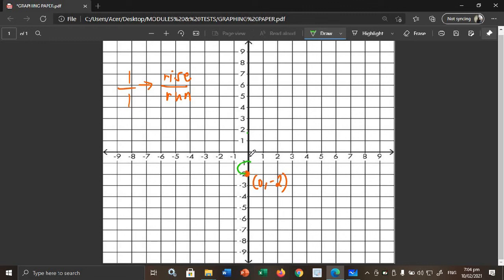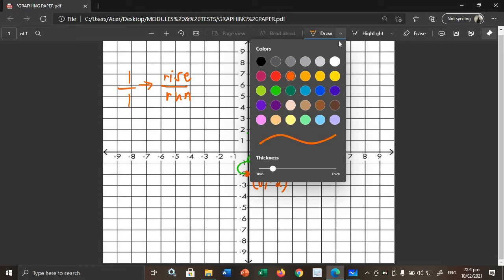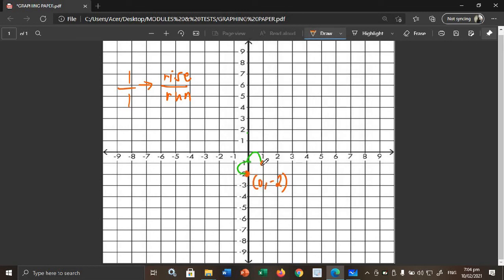The slope is positive. So, papunta tayo sa kanan. Okay? So, 1 unit lang din. So, 1. So, that will be your second point. So, yung second point mo is (1, -1). So, andun yung second point mo.